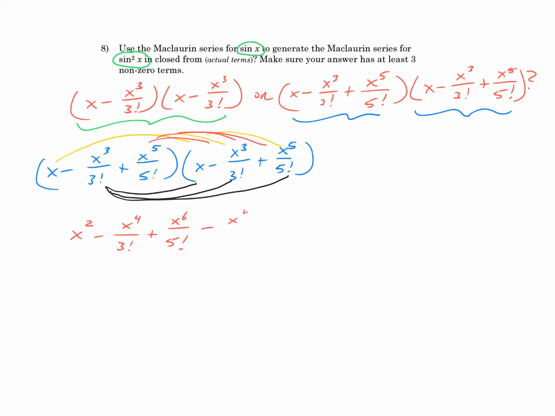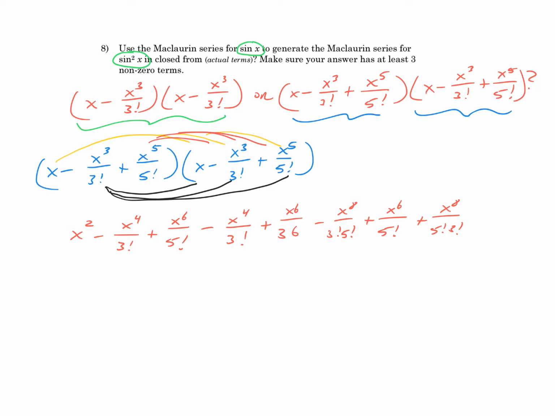Minus x to the fourth over 3 factorial plus x to the sixth over 3 factorial times 3 factorial, minus x to the eighth over 3 factorial times 5 factorial. I don't want to multiply that out yet. Plus x to the sixth over 5 factorial plus x to the eighth over 5 factorial times 3 factorial.